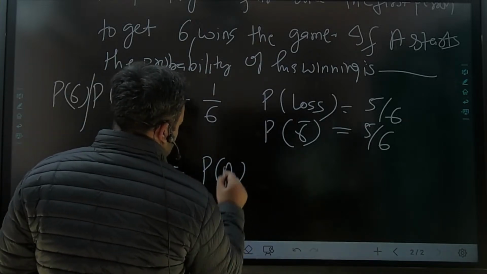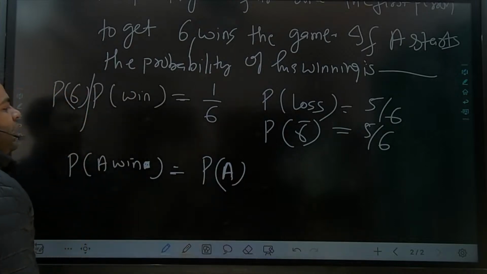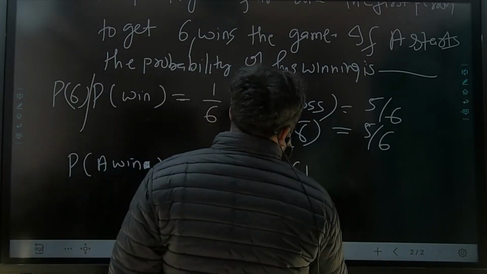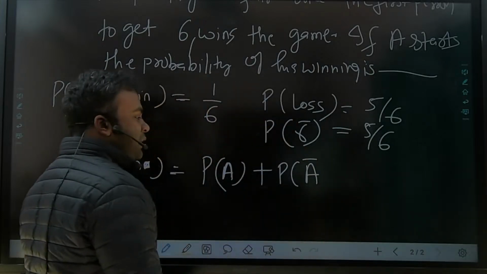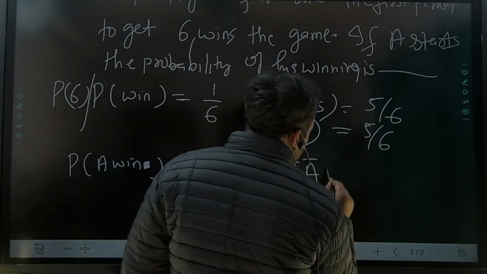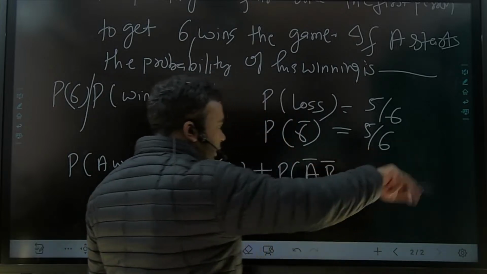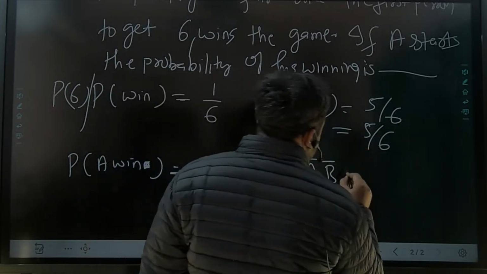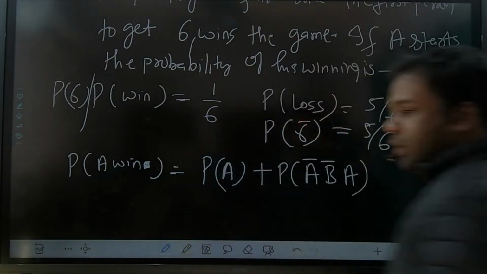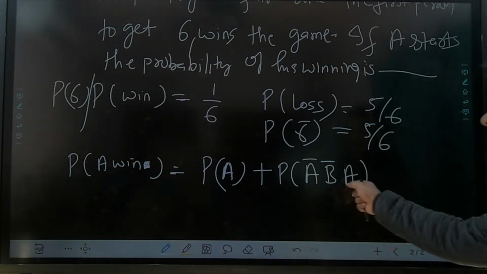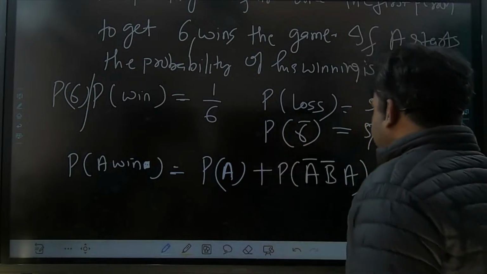Suppose A does not win in his very first attempt, so B will throw the dice, so B should not win. I want A to win only, so that the next attempt should come back to A, then A can win. If in the first attempt A does not get 6, then I would expect B should also not get 6, so that again A gets the opportunity to get 6. So this should be the case for A to win.